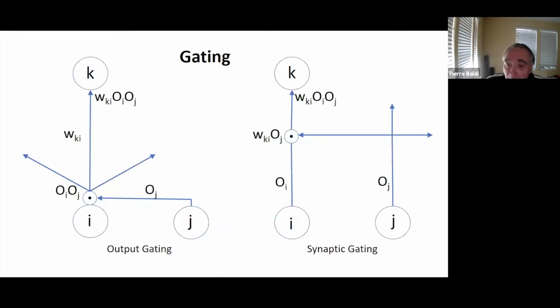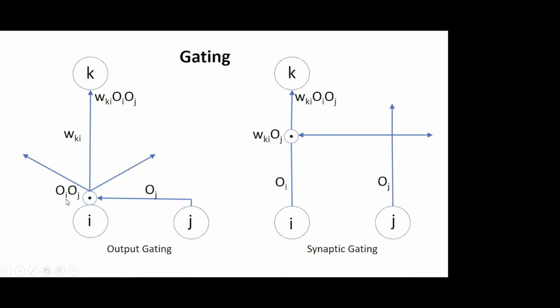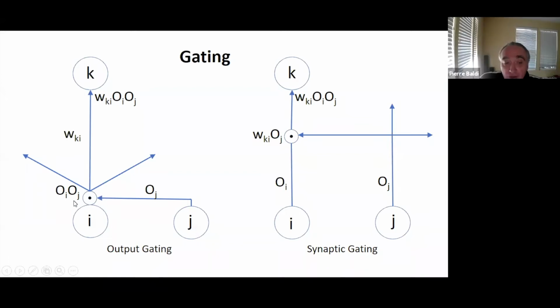And it goes back to the idea of gating. So let me go back again, quarks of attention. This is the slide that tells you really what is the basic thing that is going on. You can do output gating, which is shown here on the left, where you have a neuron I that produces its standard output OI, but then it's gated by a neuron J. And what happens is that the two outputs get multiplied with each other.